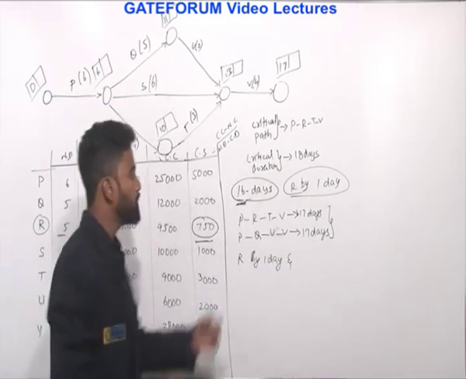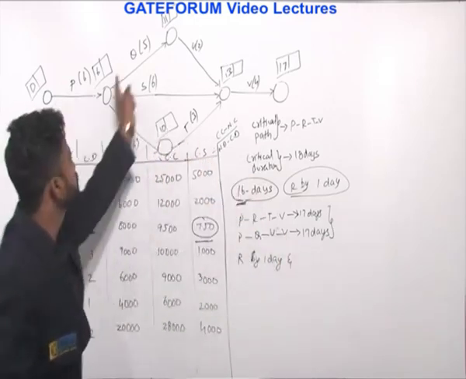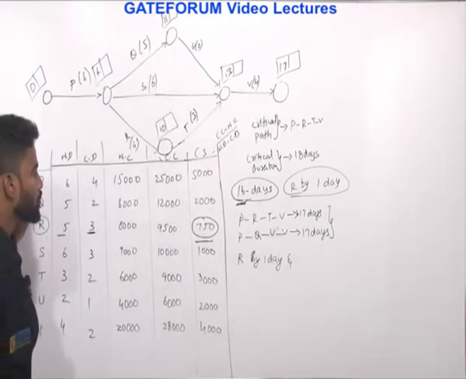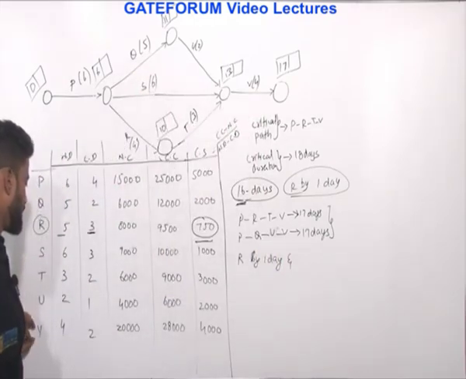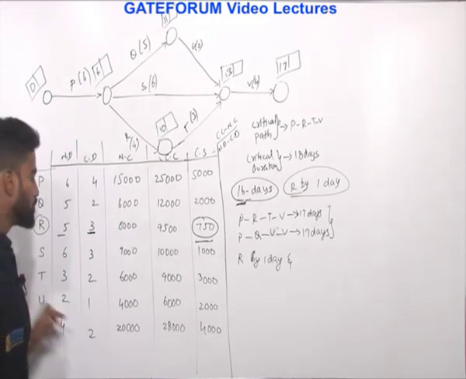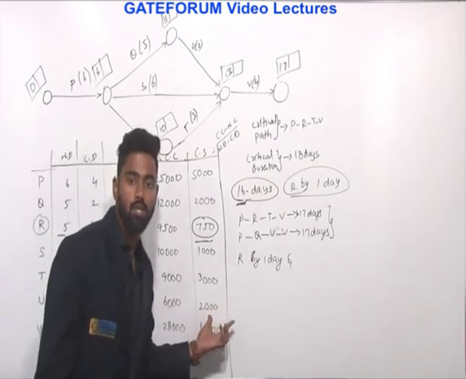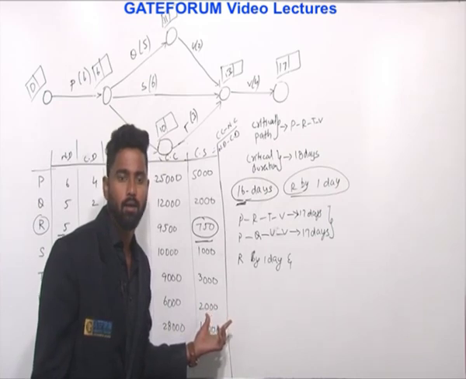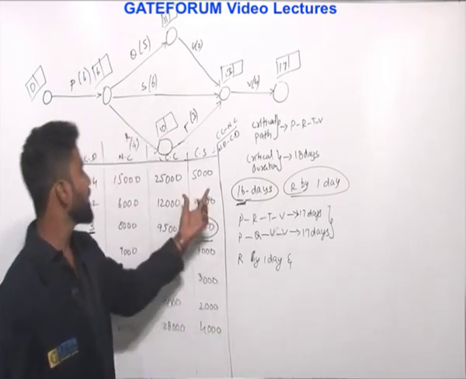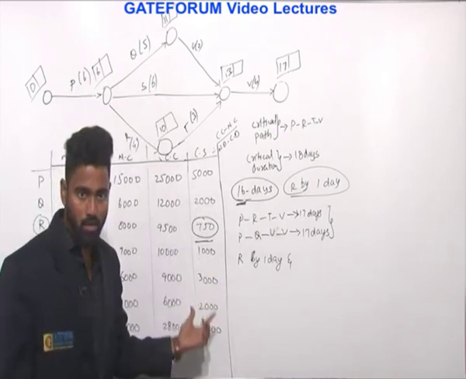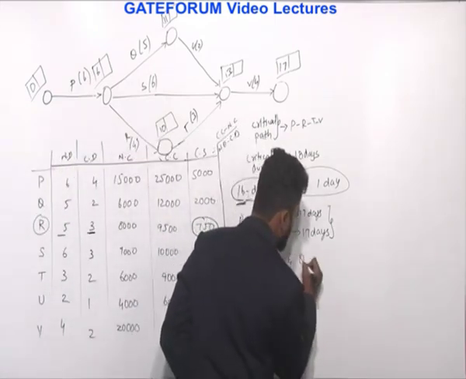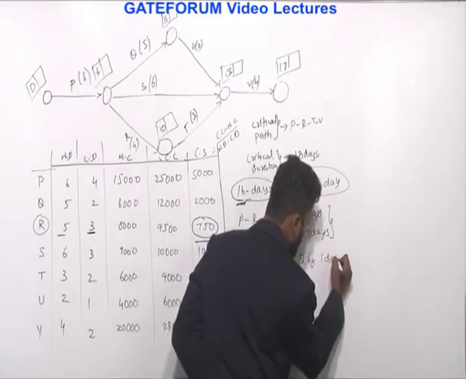And in PQUV, you have to crash 1 day along this one also. In QU, both have the same cost slope, so you can reduce either Q or V. So I'll reduce R by 1 day and also I'll reduce Q by 1 day.